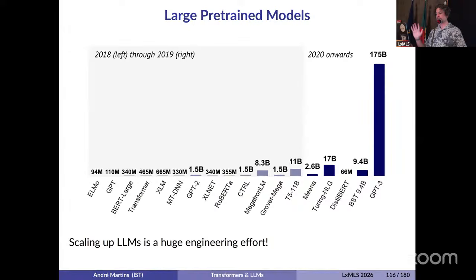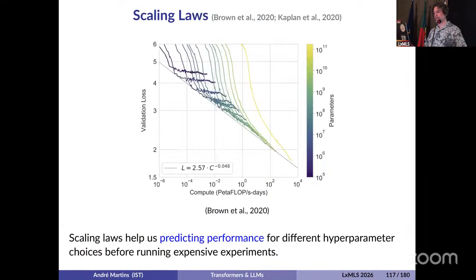To put things into perspective, before GPT-3, the biggest models were around 17 billion parameters, 9.4 billion, and then there was a huge jump with the 175 billion parameter model. So scaling up LLMs is a huge engineering effort. In order to do this, not just for GPT-3 but for any scaling that you do, you should avoid wasting too much compute.